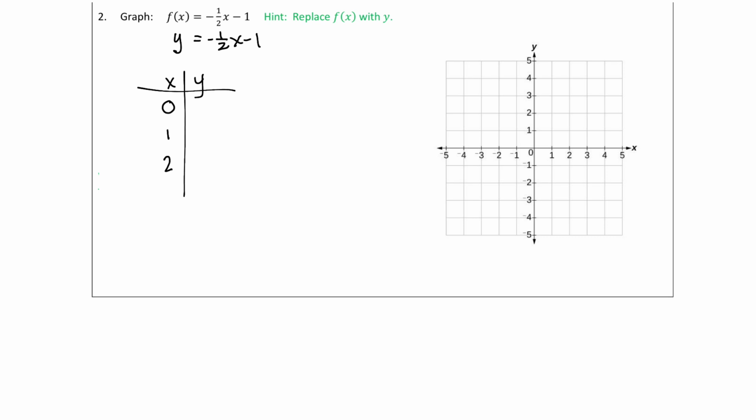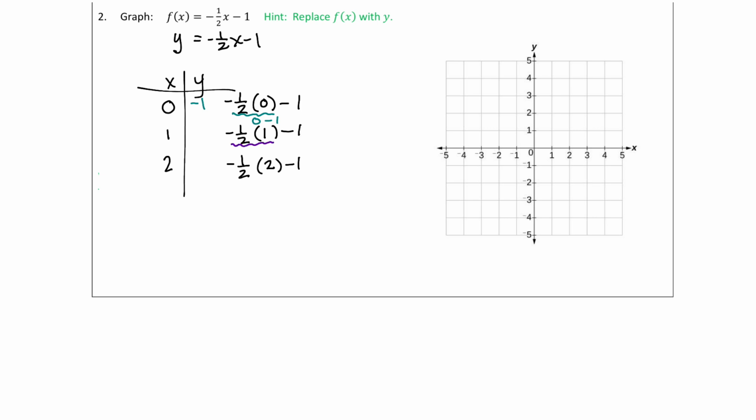Let me explain. I'm going to do this problem. We get negative 1/2 times whatever x is, minus 1. X is 0. X is 1. X is 2. Here we get 0 minus 1 is negative 1.